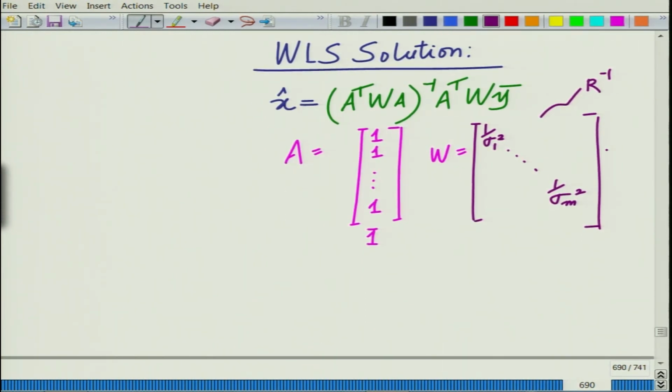And therefore, substituting this in the formula, the weighted least squares estimate is obtained as x hat. I hope this discussion is clear to all of you. I replace this A by 1 bar, the m dimensional vector of all ones. The weighting matrix becomes the inverse of your covariance matrix, which is the diagonal matrix with the inverses of the variances.